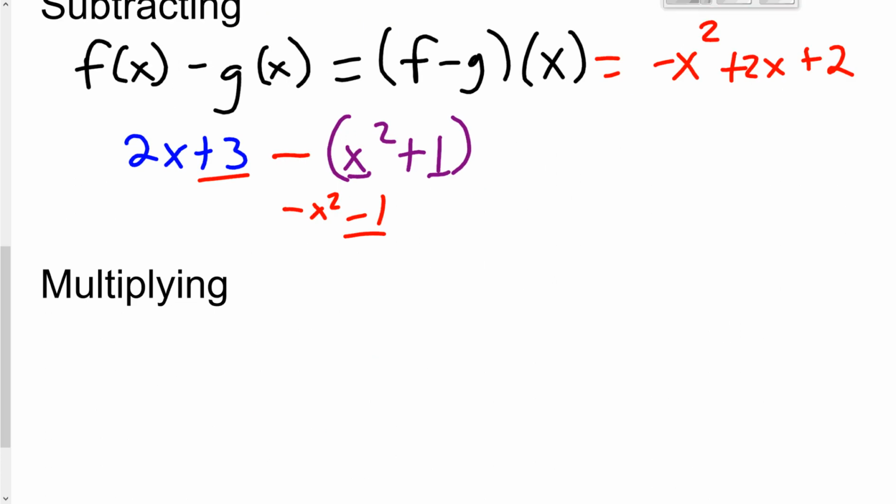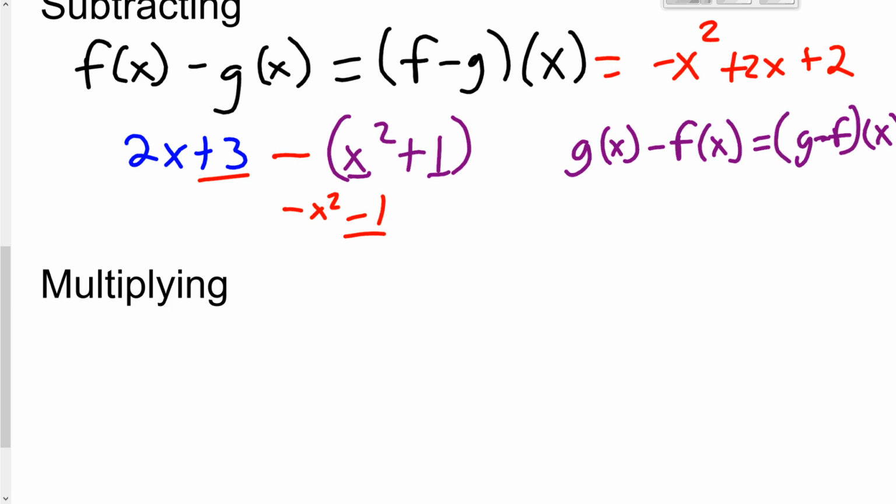Now this is subtracting f of x minus g of x. You can also take g of x and subtract f of x, and that is g minus f of x. So there it just flips around. With adding, those wouldn't make a difference.